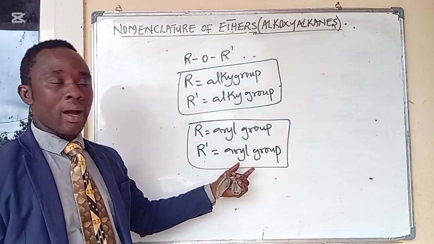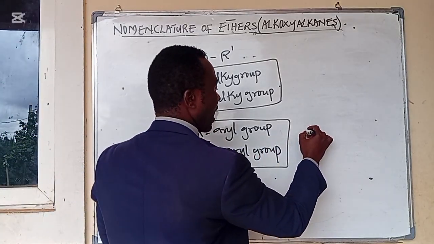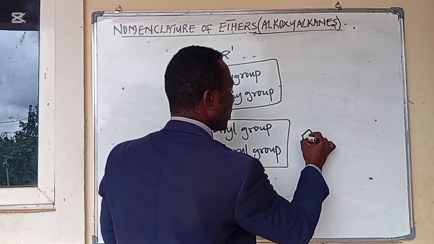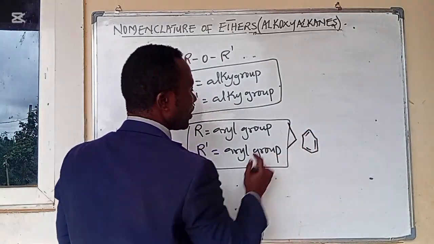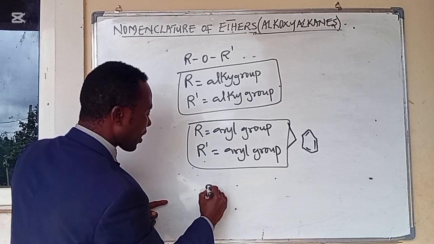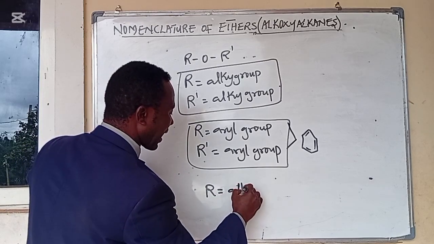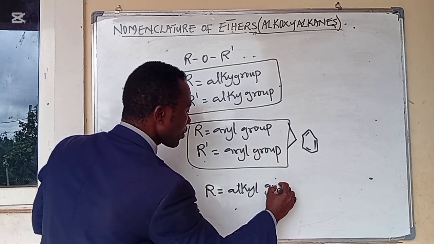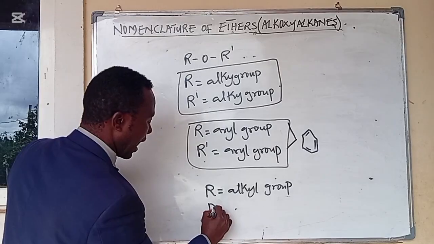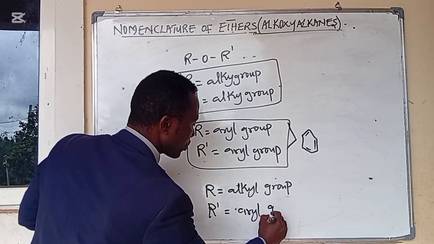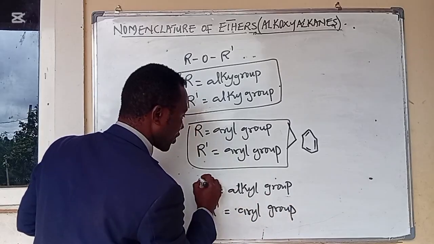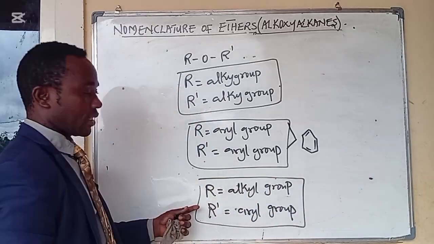Remember, aryl groups are groups that have the benzene ring. Then also it is possible for R to become an alkyl group while the R prime becomes an aryl group.